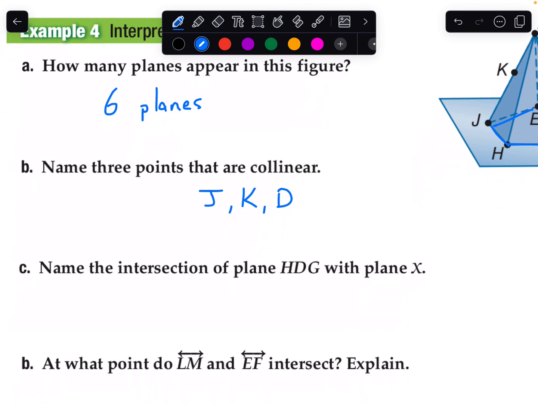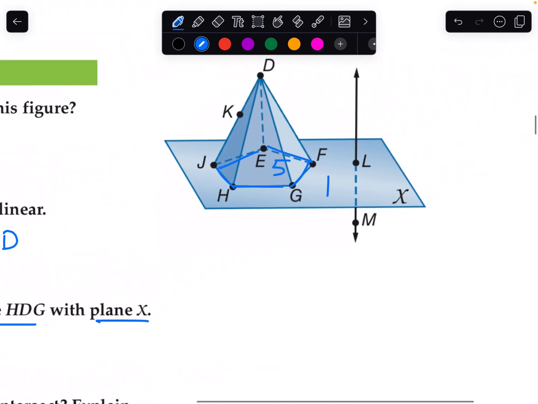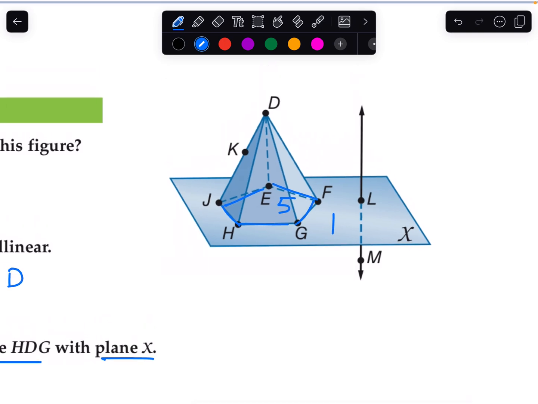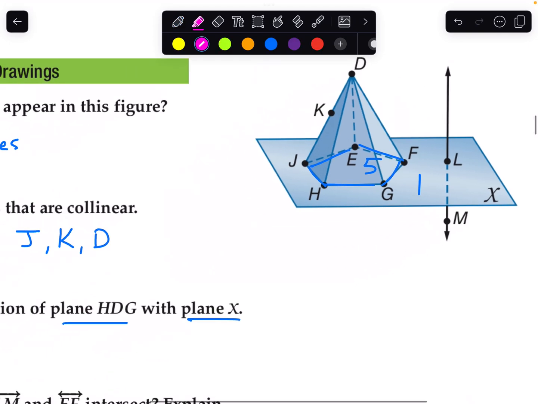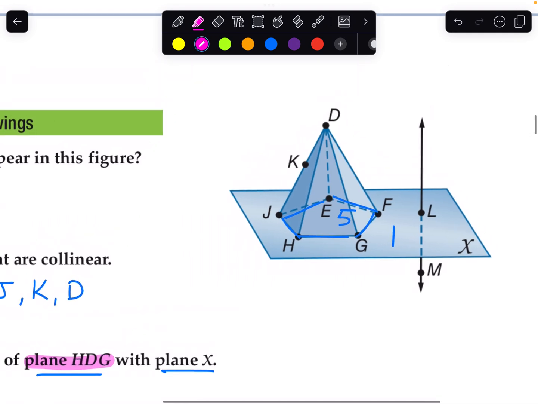Next, name the intersection of plane HDG with plane X. Plane X is the large sheet, the desktop, if you will, which our model pyramid is sitting on top of. And HDG, H to D to G and back to H, will fill in this triangular face of the pyramid. I would call that the frontmost face there.